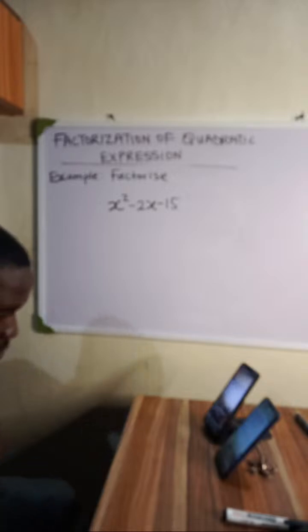Okay. Bismarck, x minus 5 and x plus 3. Okay, so someone on YouTube has gotten an answer. Nuri also got x minus 5, x plus 3. Okay, Muhammad, 5 and minus 3.